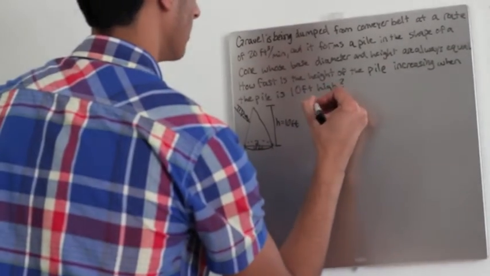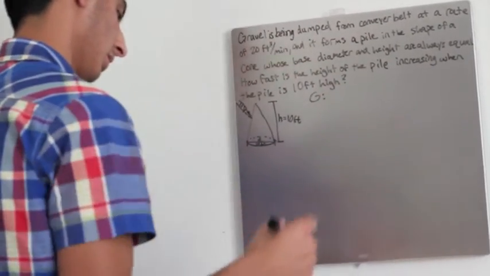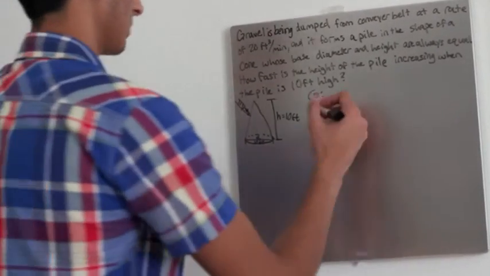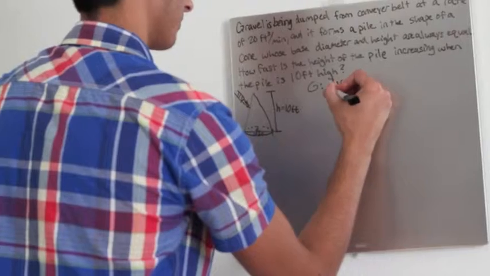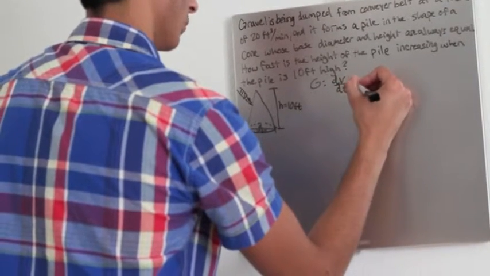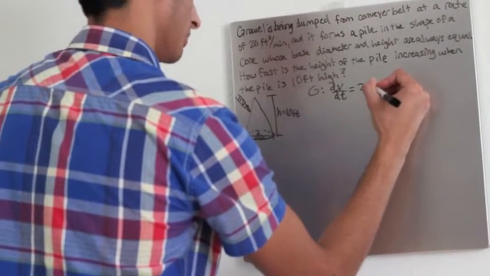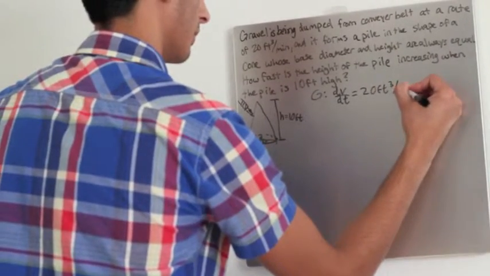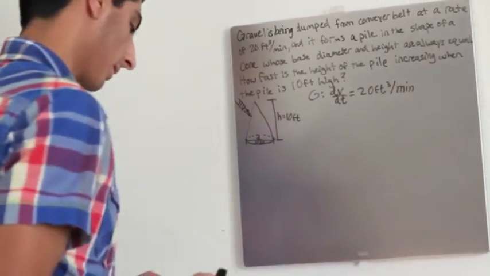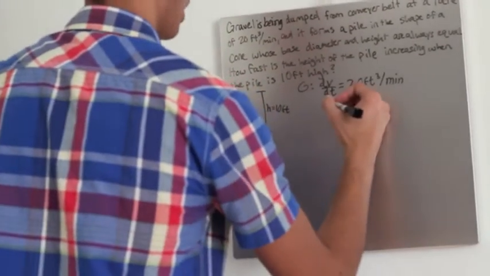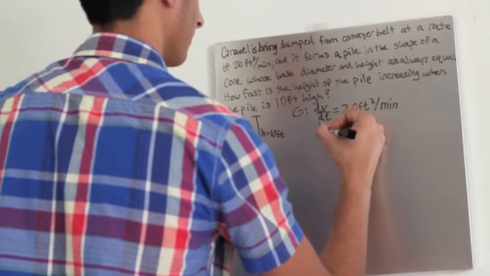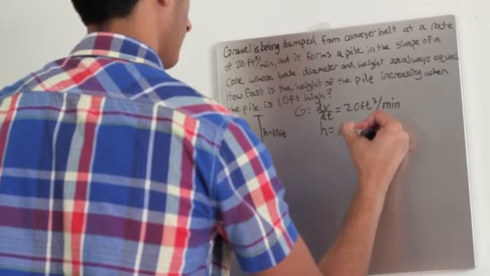And so given is, our rate of the gravel being dumped is going to be dv dt, which equals 20 feet cubed per minute. And then since our height equals the diameter, that equals 10 feet.